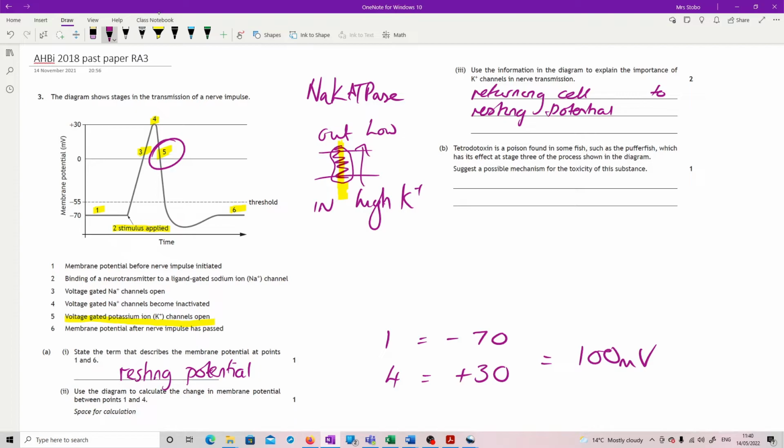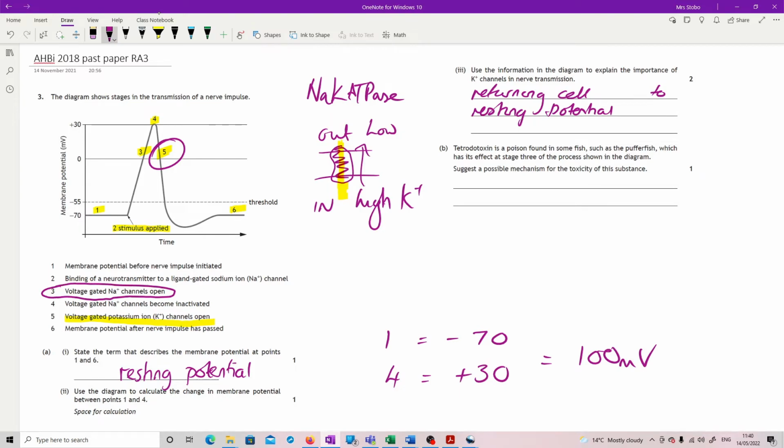Tetrodotoxin is a poison found in some fish such as pufferfish, which has its effect at stage 3 of the process shown in the diagram. Suggest a possible mechanism for the toxicity of this substance. Stage 3 said the voltage-gated sodium channels are open.